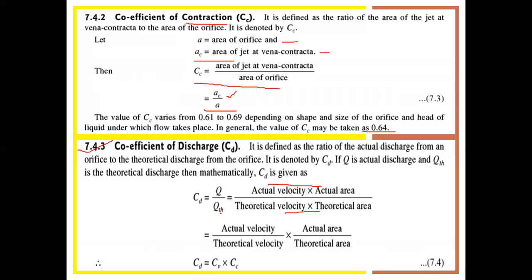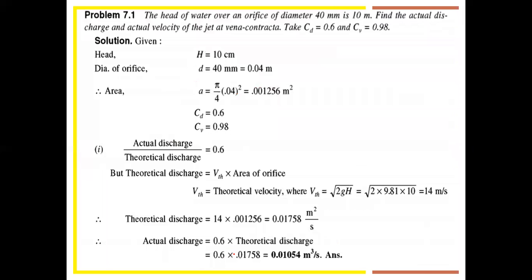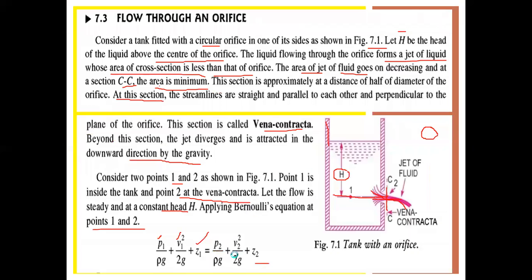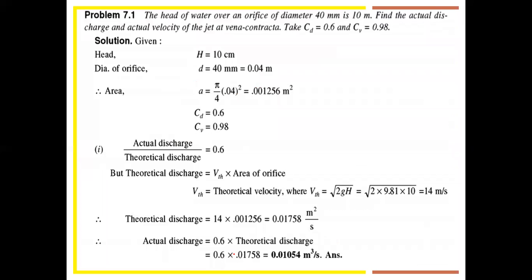So Q by Q theoretical is the actual velocity over theoretical velocity into actual area over theoretical area. Therefore, CD is equal to CV into CC. Now, based upon these three hydraulic coefficients and the derivation of the flow through an orifice, we will do some problems.